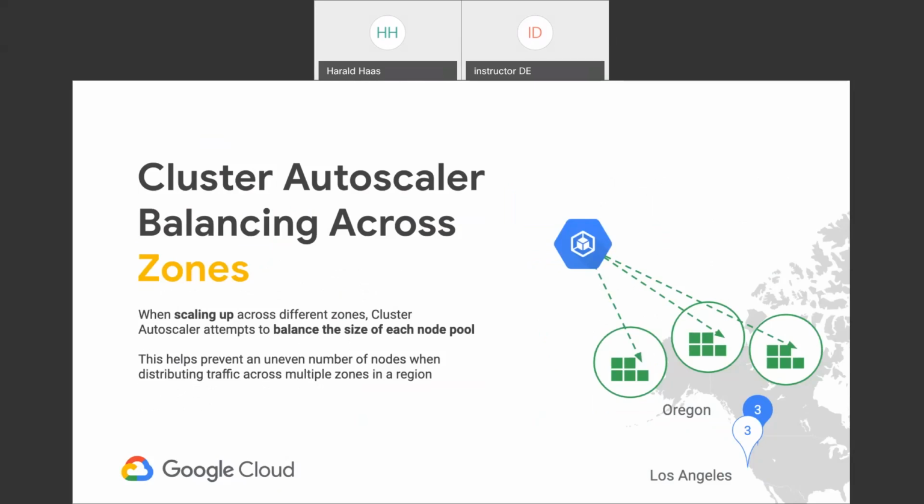In the unlikely case a whole zone would go down, so it wouldn't even be only a node but a whole zone, still the other zones are up and running. So the autoscaler takes care to balance them out. Whenever a new node is created, it will look at all the zones, see where there are the least nodes, and schedule it based on that. That helps prevent an uneven number when distributing traffic, which of course helps again from the HA GCP perspective.